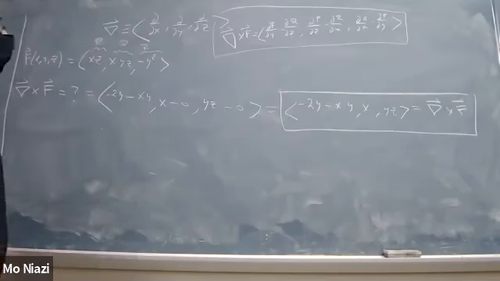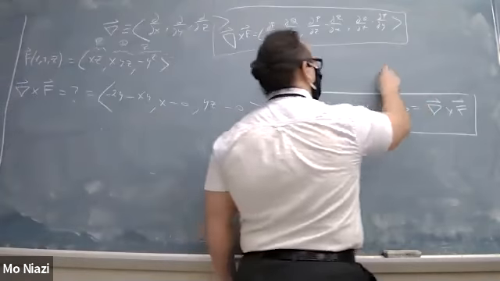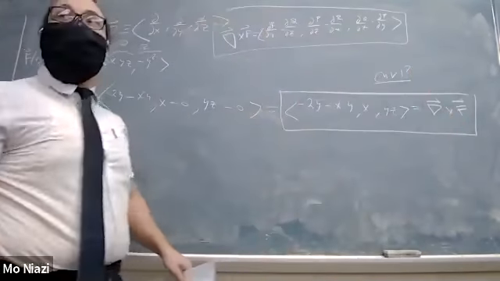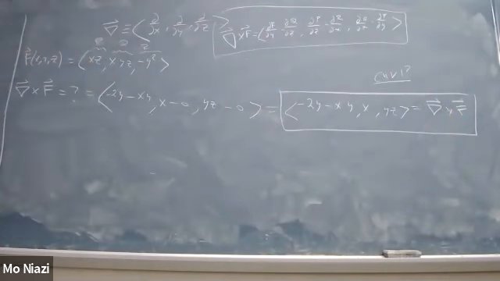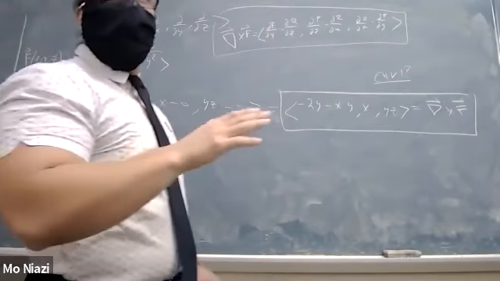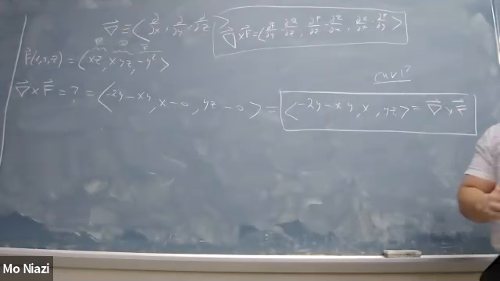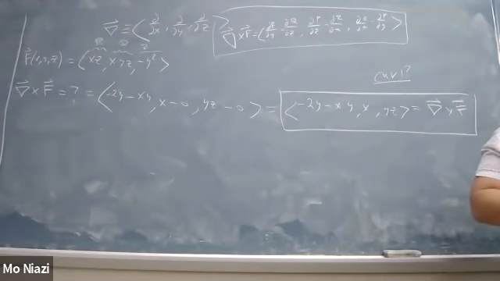Why do we call it the curl? What does it mean when something curls versus just being straight? It bends, right? The curl is actually measuring how much bend there is in a vector field.